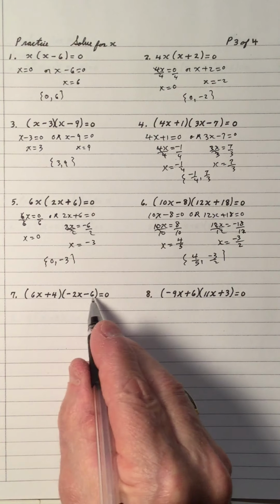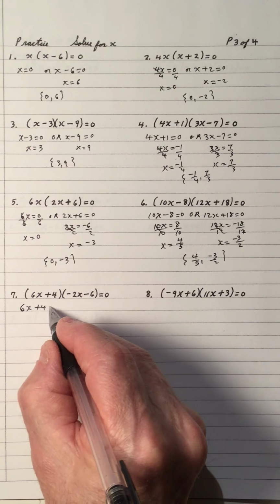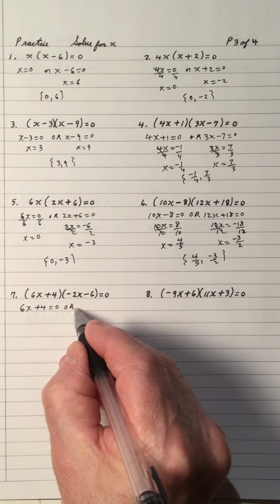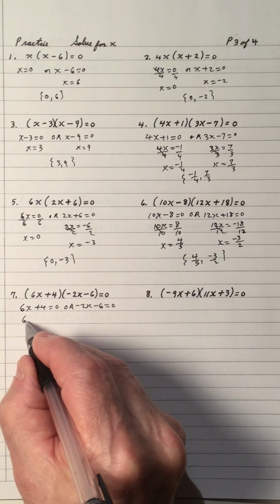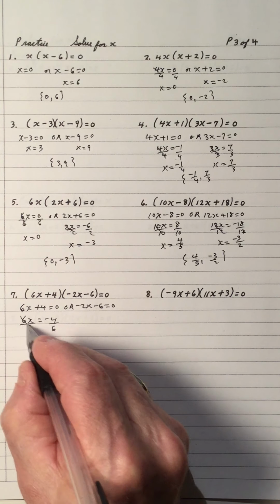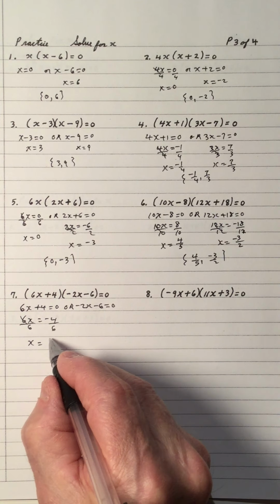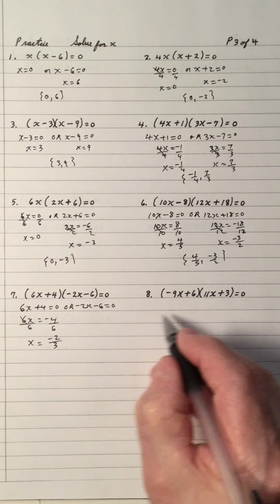And again, we got two brackets multiplied to give you 0. So we got 6x plus 4 equals 0, or negative 2x minus 6 equals 0. 6x equals negative 4. Divide by 6, cancels, x equals 2 into negative 4 goes negative 2, 2 into 6 goes 3, negative 2/3.